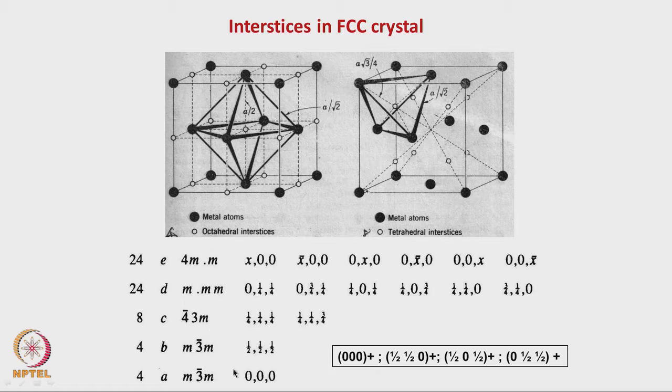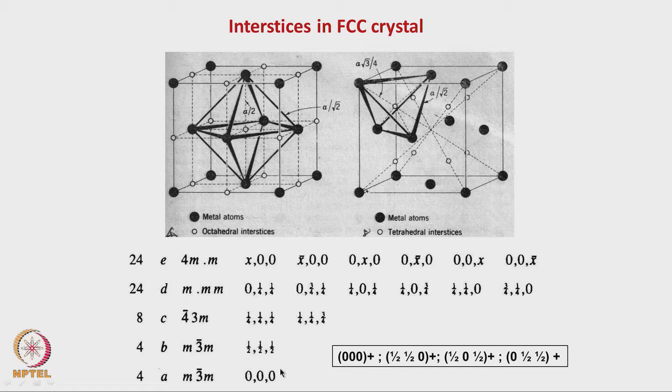If you look at it, these are all the positions. 0 0 0 represents the position which corresponds to a lattice point, and when we add the other 4 equivalent lattice points, we can generate all the points. Then we have to apply the translation symmetry rule. Then we will be able to find out what all points in the unit cell atoms should be kept, and then we can complete the structure.